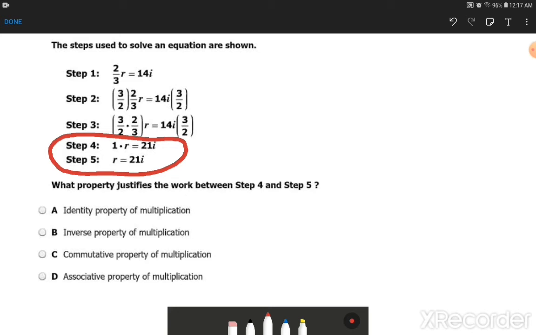This property would be the identity property, because we are multiplying r by 1 and getting the same number, r.